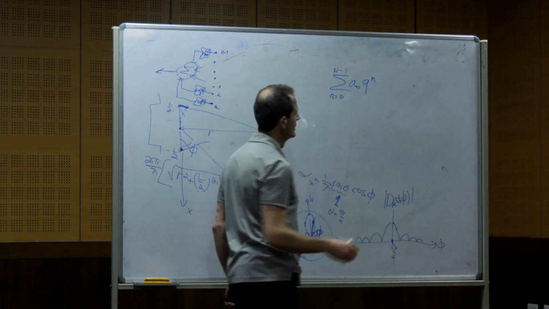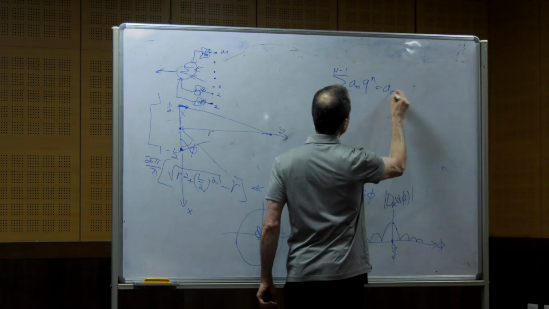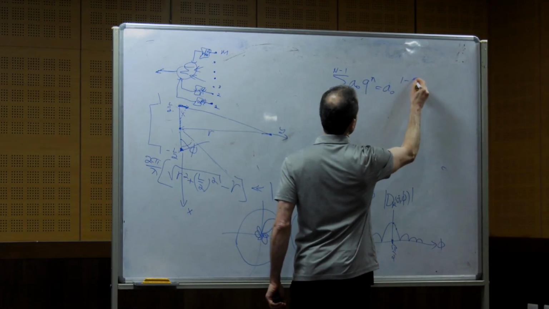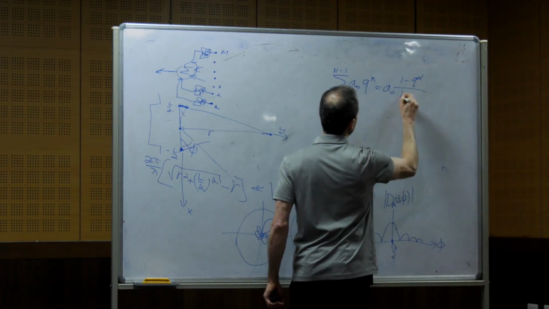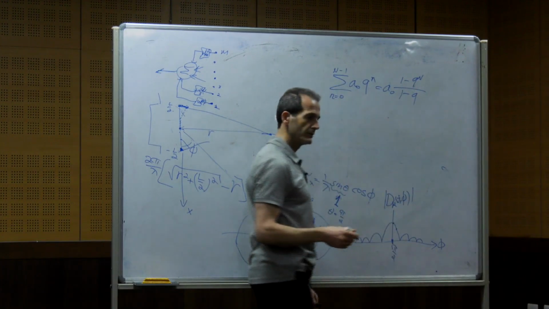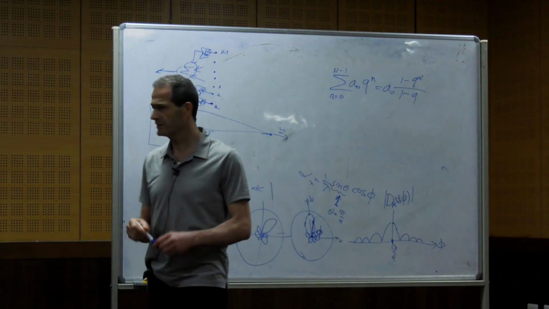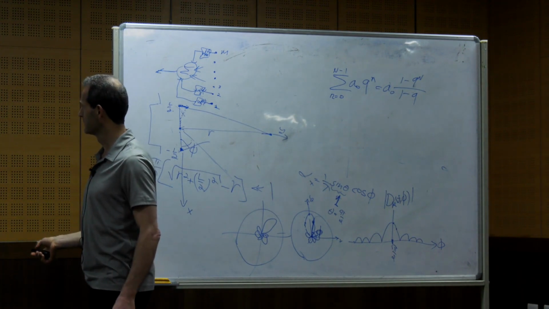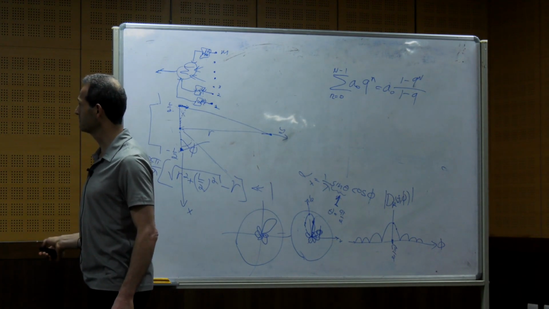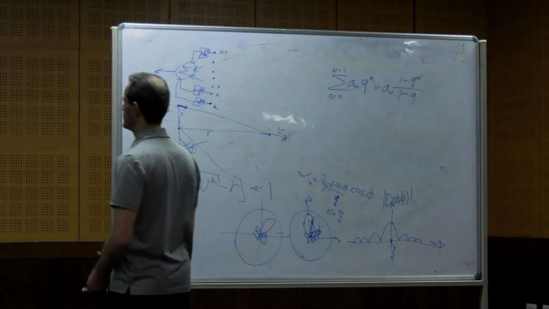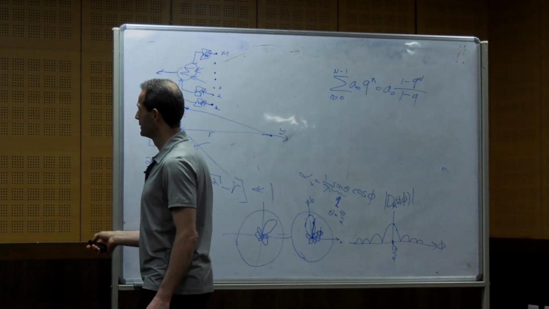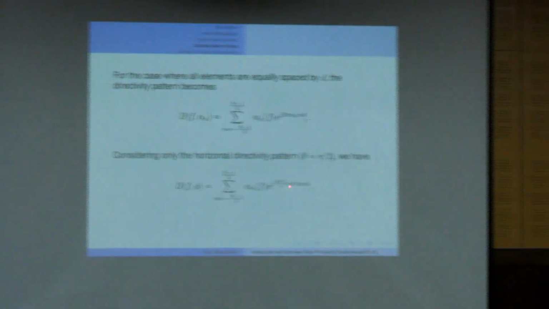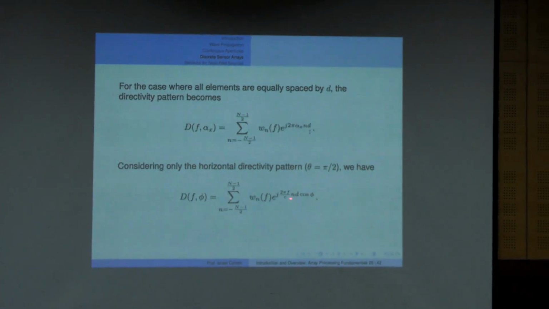We can write it as A0 times 1 minus q to the power of n, divided by 1 minus q. So it's very simple. We have n terms, so we have this summation, and we have q to the power of n.